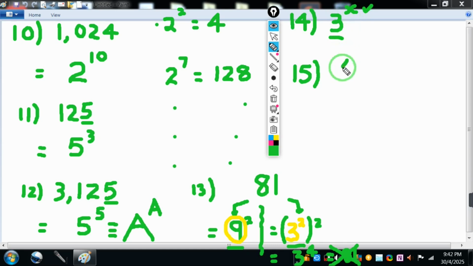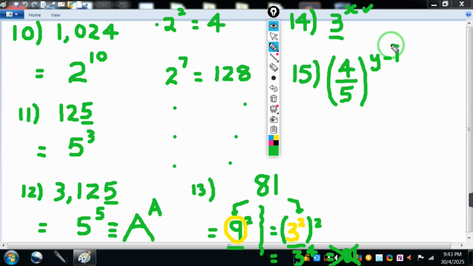4/5 to the power of y minus 1. This is a proper fraction, small over big, numerator, denominator. And then they put here y minus 1. Letters are involved and the number is there, so y minus 1.